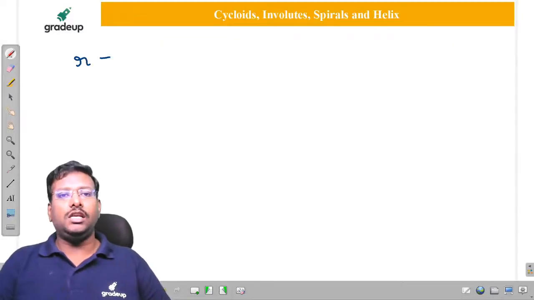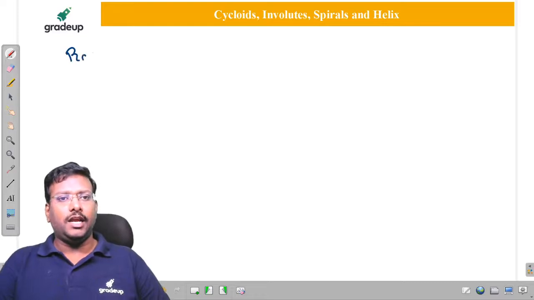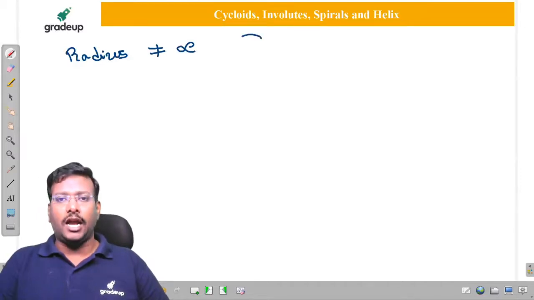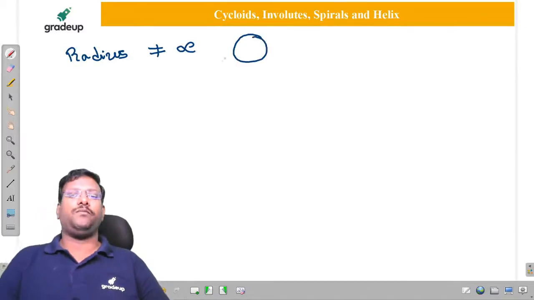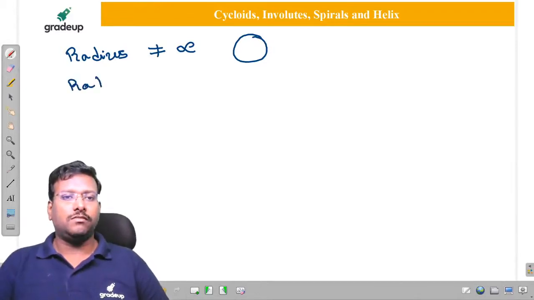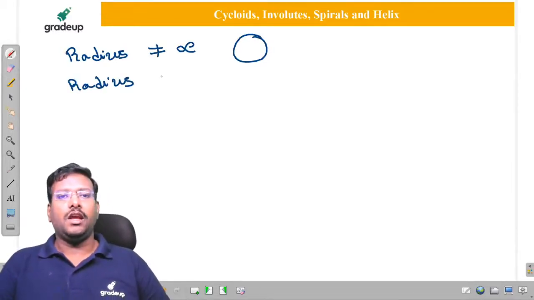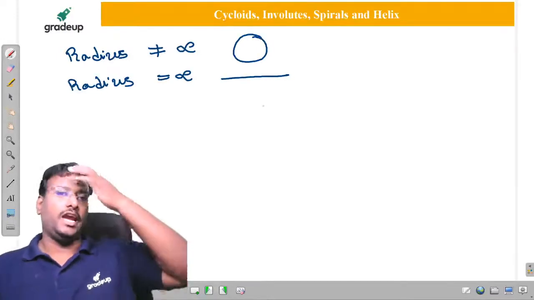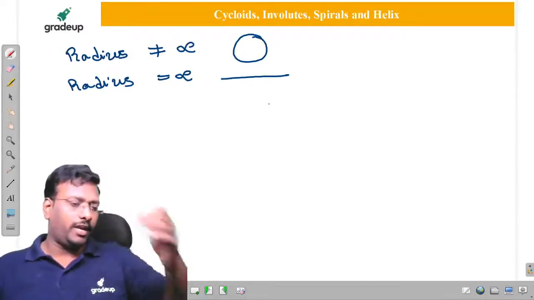If the radius is not equal to infinity, in this case I am considering a circle. If the radius is equal to infinity, it is going to be a straight line.